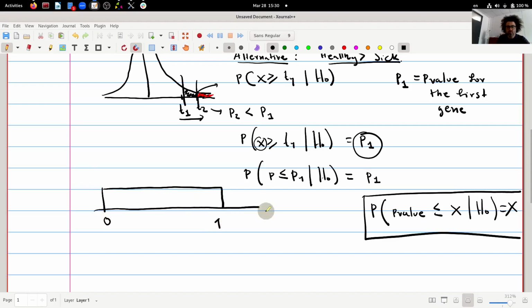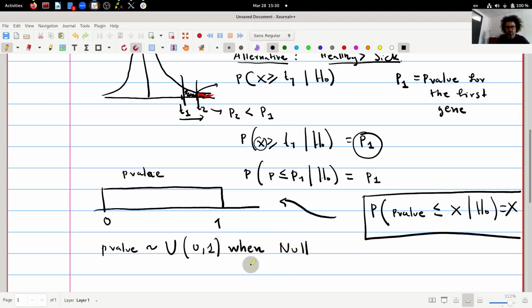So this means here that the p-value follows a uniform distribution in 0, 1 when the null hypothesis is correct.